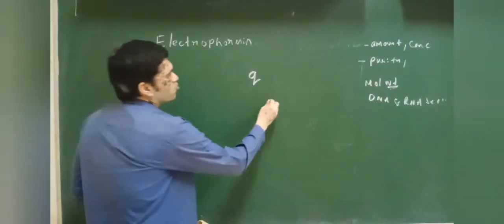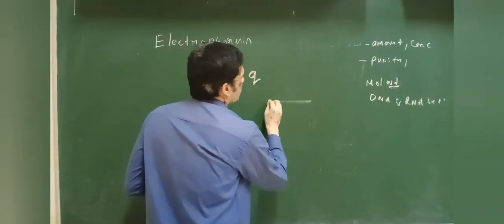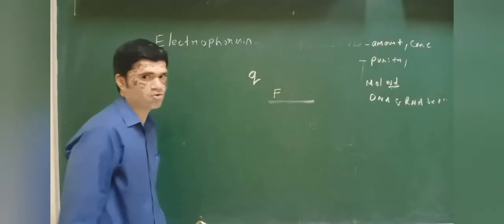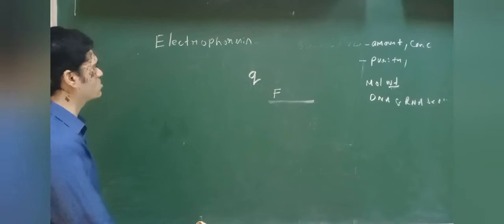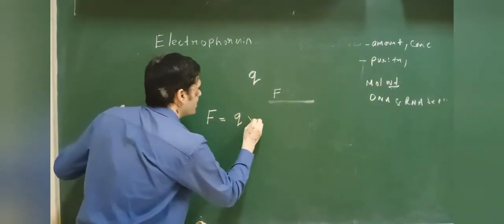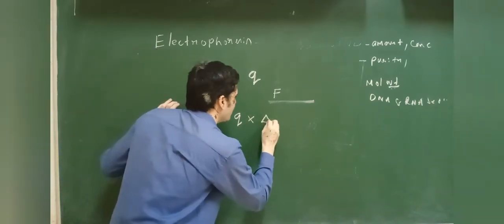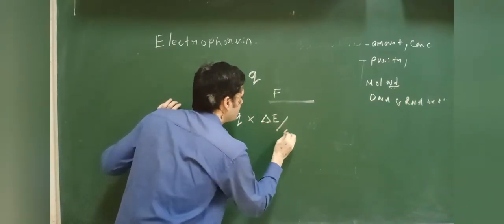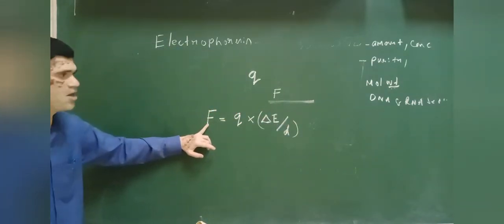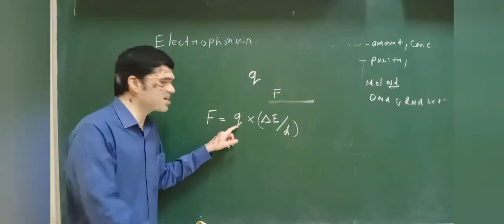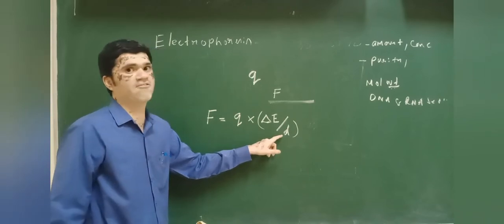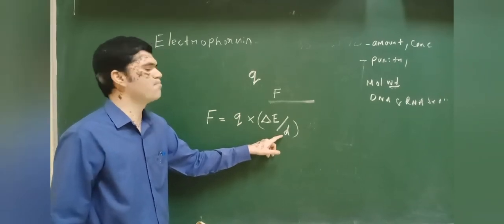Since the molecule is moving towards the electrode, some force is acting on this molecule, and this force is given as F = Q × ΔE/D, where F is the force acting on the molecule, Q is the charge on the molecule, and ΔE/D is the electric field acting on the molecule.